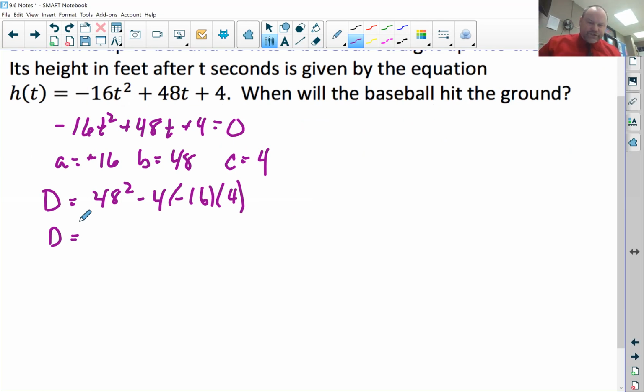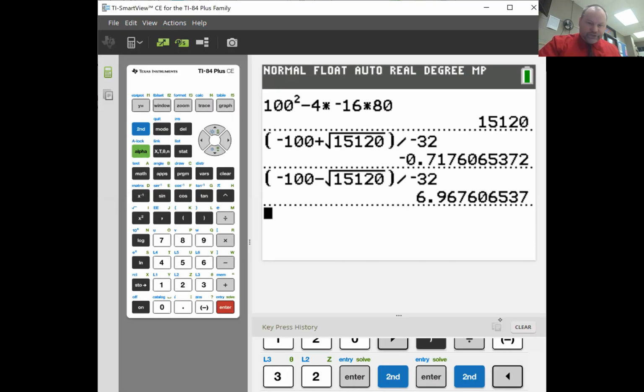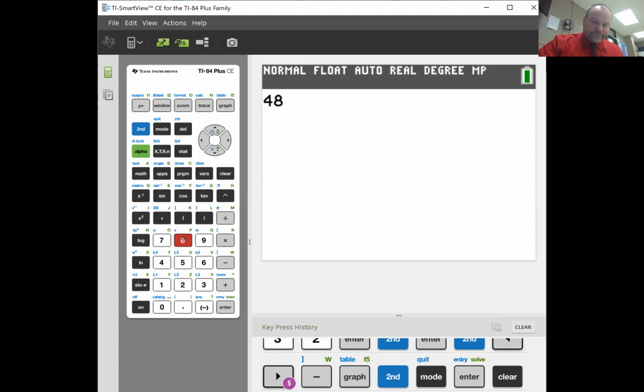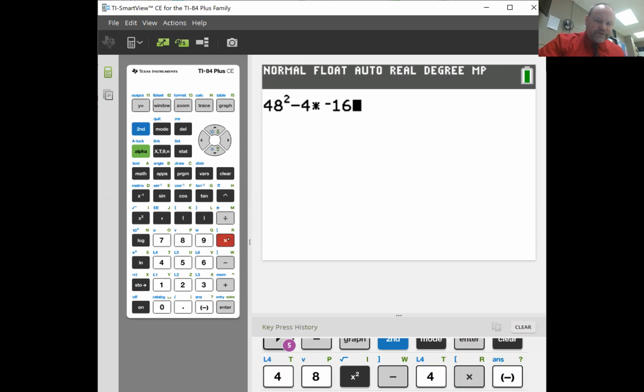Again, I would suggest using a calculator. Not that you have to, just might be a little bit easier with the numbers that we have here. 48 squared minus 4 times negative 16 times 4.